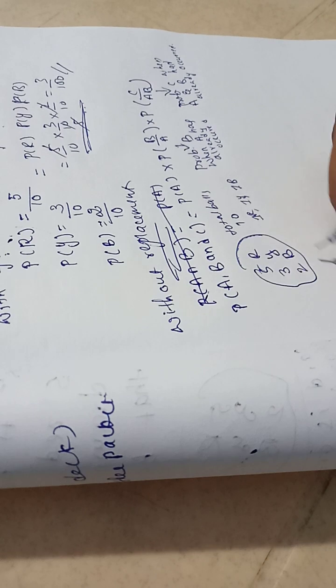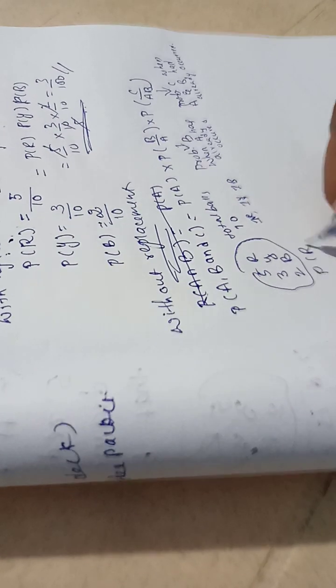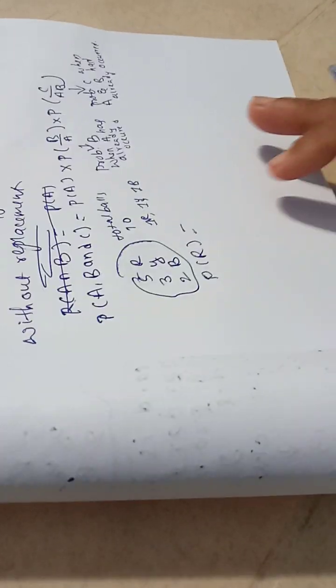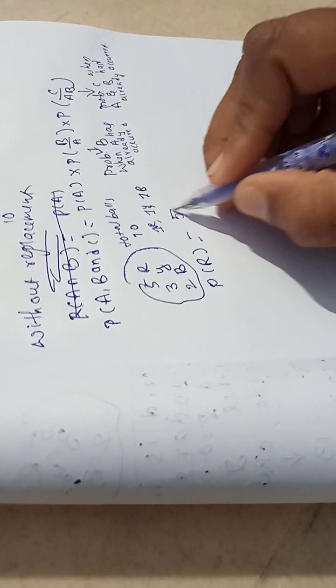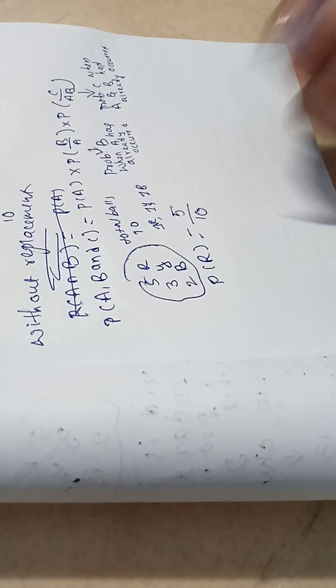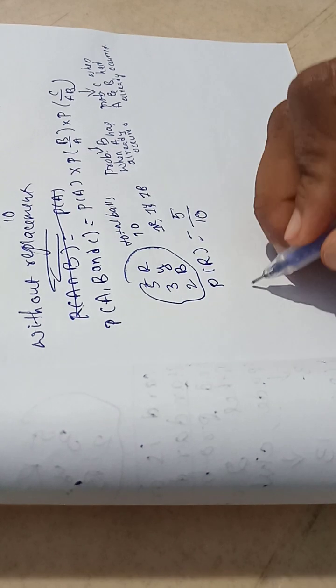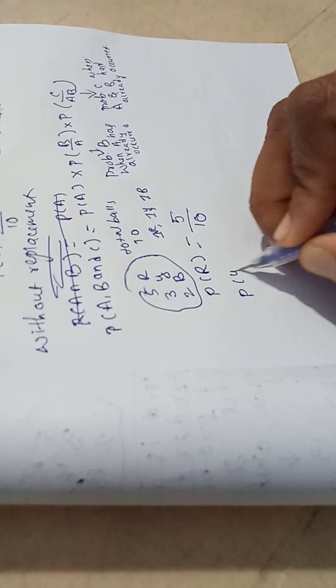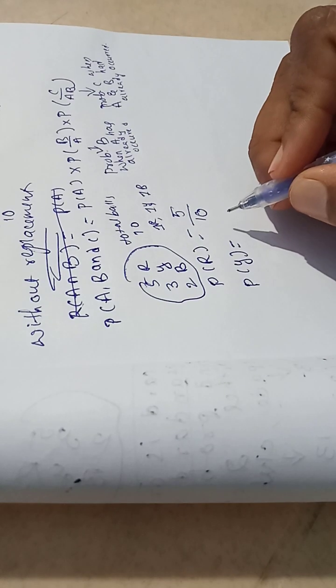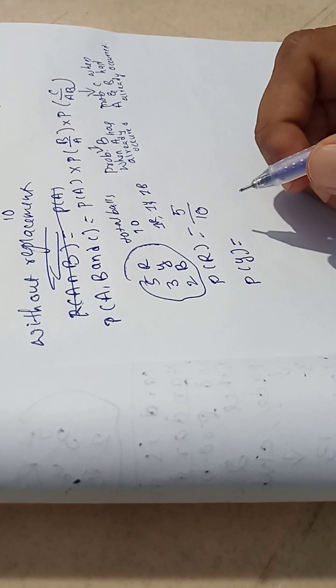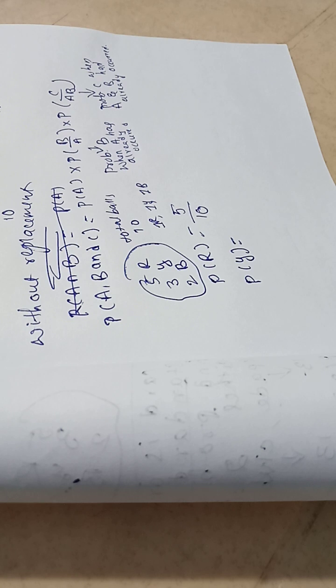So first, let us write the probability of R. How many R are there? 5. How many total events? 10. Right? Now I am writing the probability of yellow. One yellow ball he took.